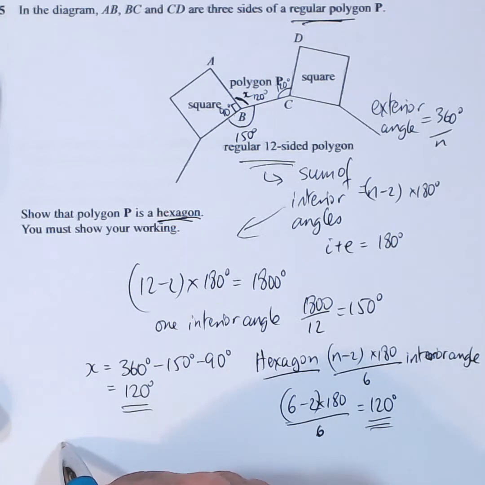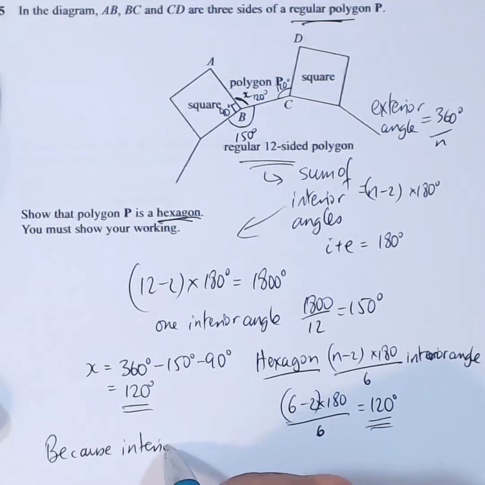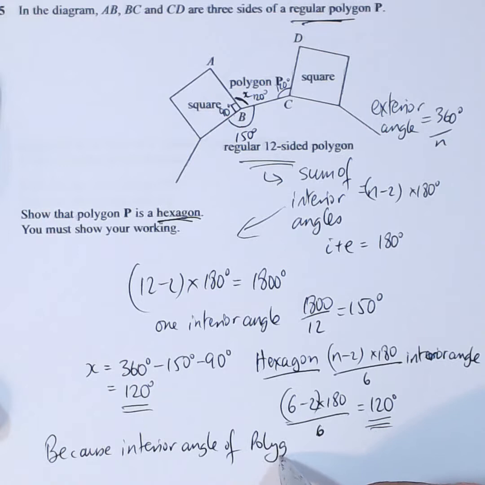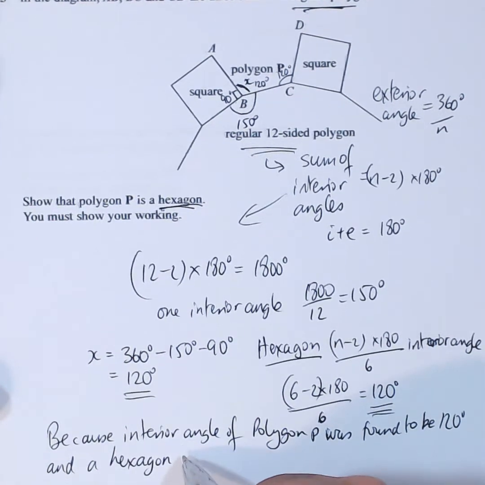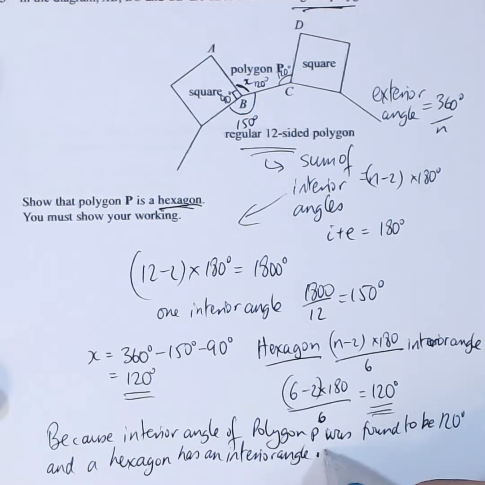So we can conclude then, because the interior angle of polygon P was found to be 120 degrees, and the hexagon has an interior angle of 120 degrees, polygon P is a hexagon.